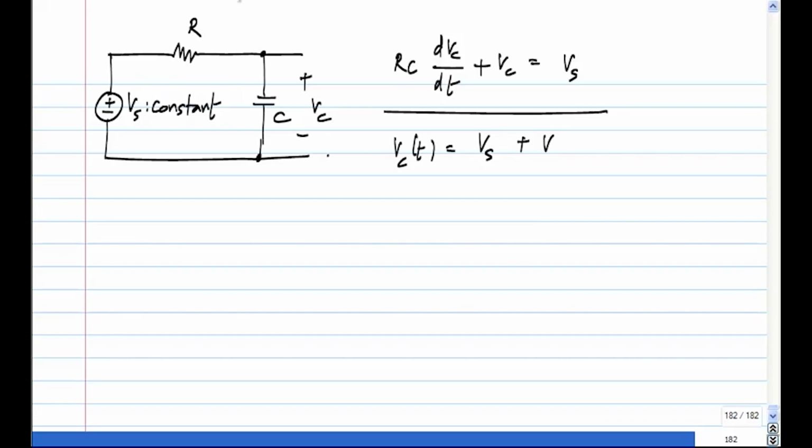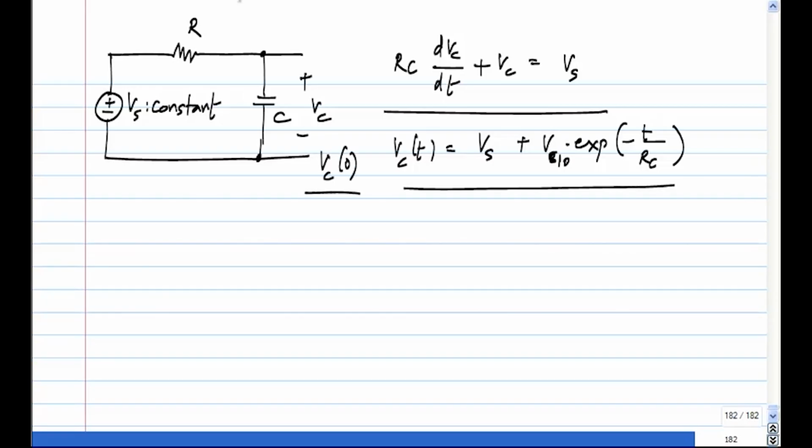So I'll just call this Vc10 exponential minus t by Rc. Okay. And let's say the initial value on the capacitor was some Vc0, okay, or maybe Vc of 0.